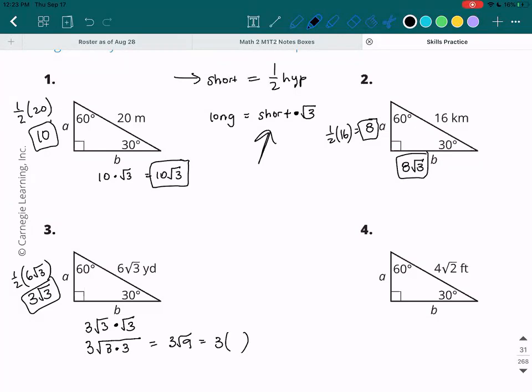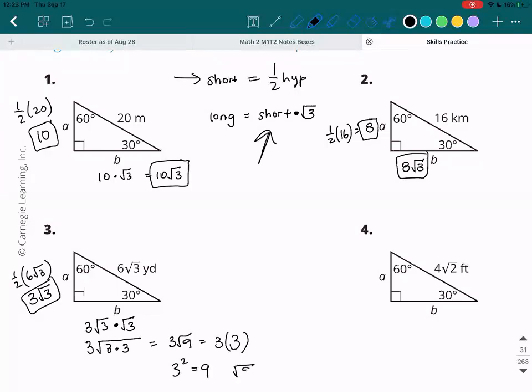I think 18. Oh, you're thinking of 9 times 2. I'm saying what times what equals 9? Nathan got it. It's 3. So square root of 9 is 3 because 3 squared equals 9.